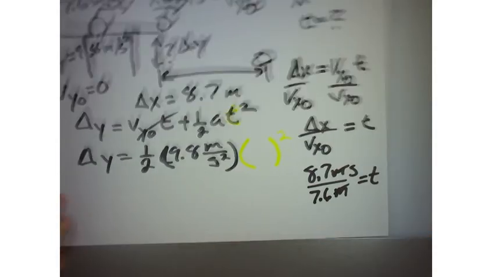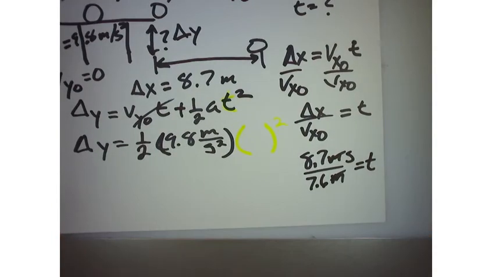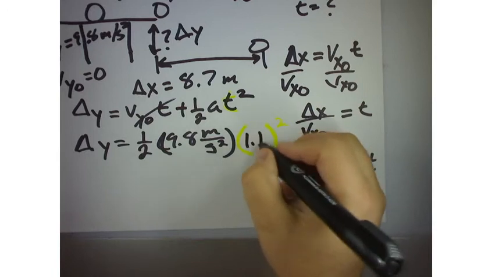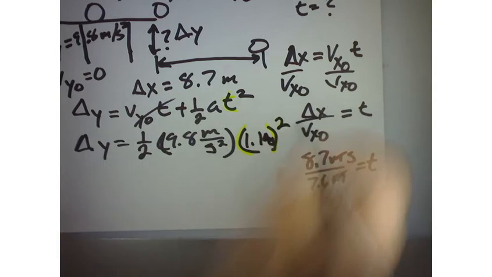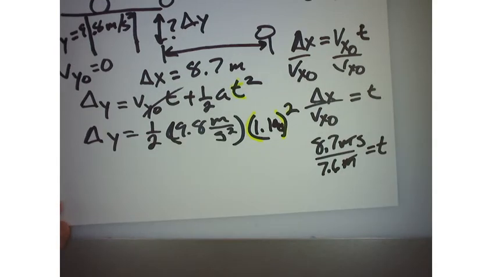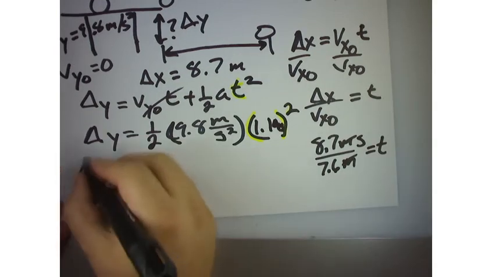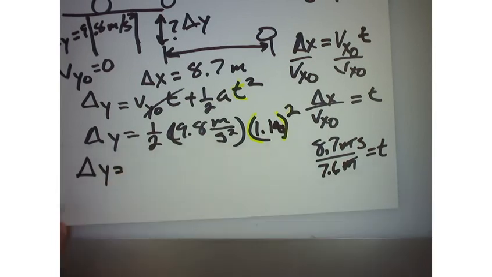So somebody get out their calculator and say 8.7 divided by 7.6. 1.14 seconds. So if I square that, will that give me the answer? Yeah, I have everything I need. So delta y then is equal to, what's 1/2 times 9.8 times 1.14 squared? I don't know, let's plug it in the calculator and see.